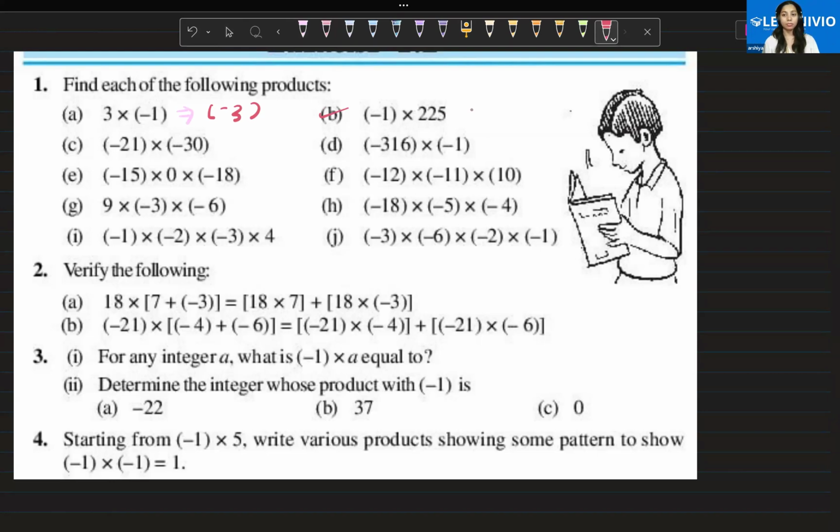Ma'am, it would be negative 225. Correct. Plus B, the answer for the D part. Ma'am, it's negative 136. Positive 136. Positive 360. Correct.